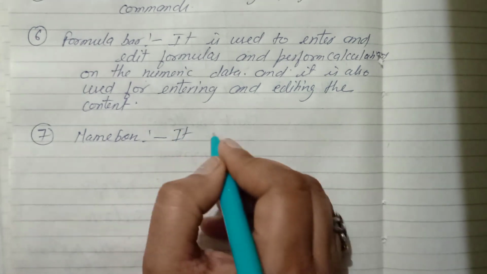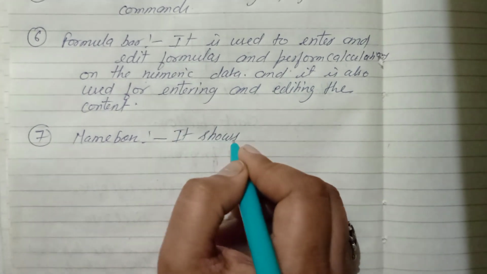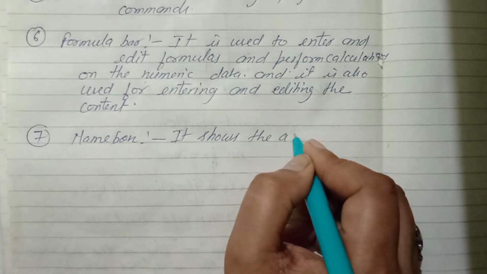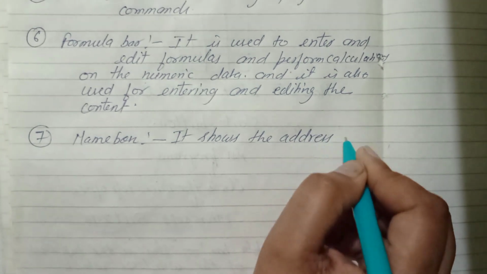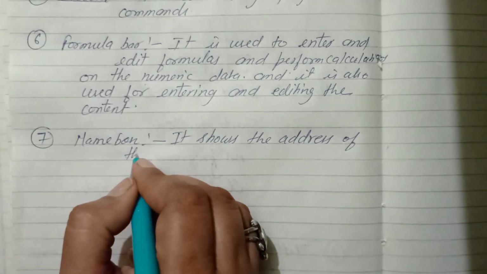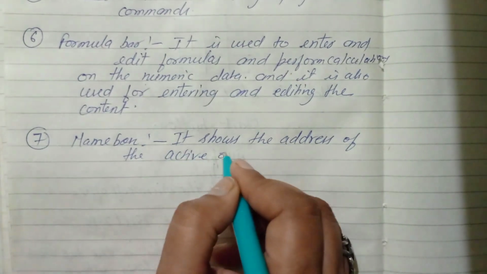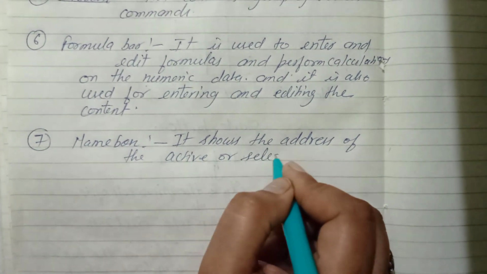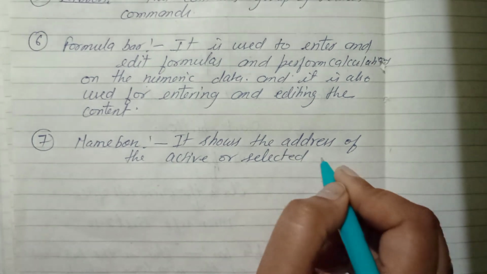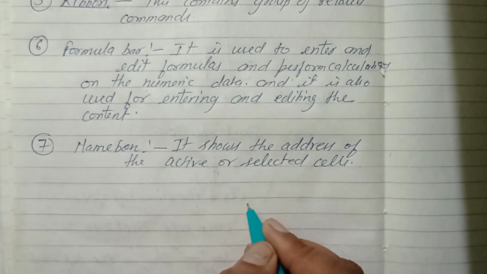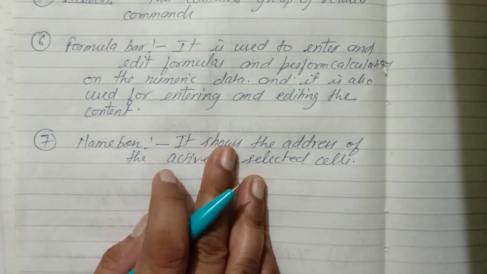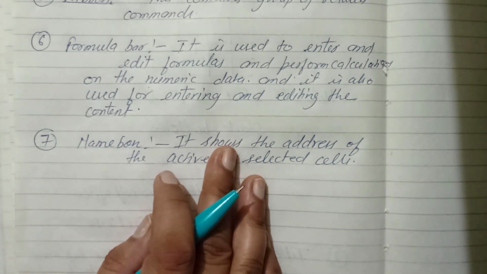It shows the address of the active, or we can say selected cell. Next one is the worksheet window. What is it?